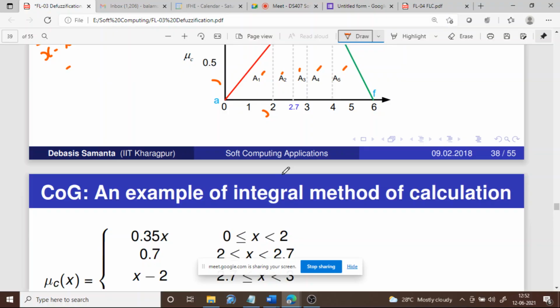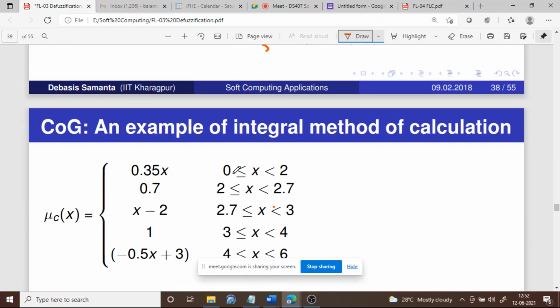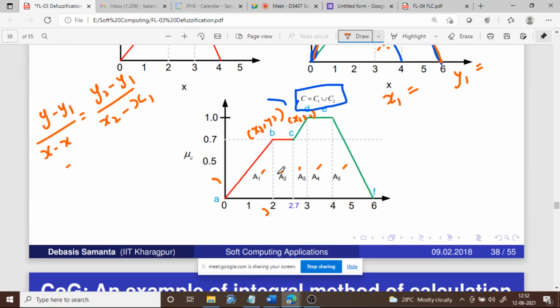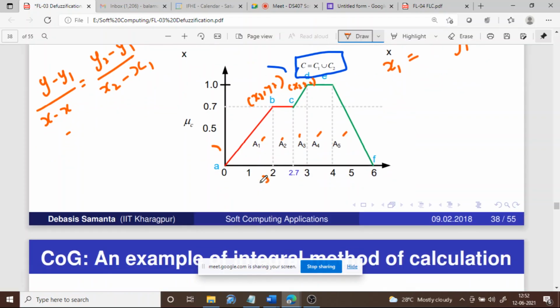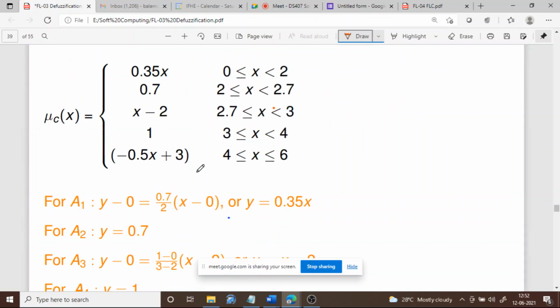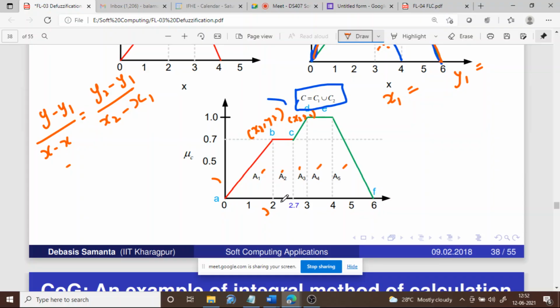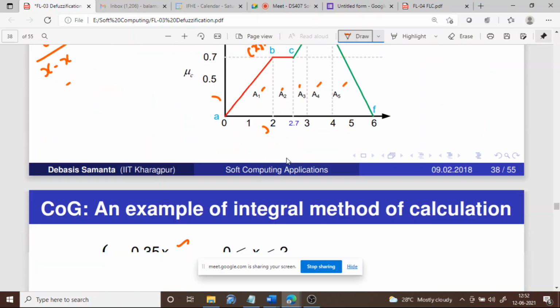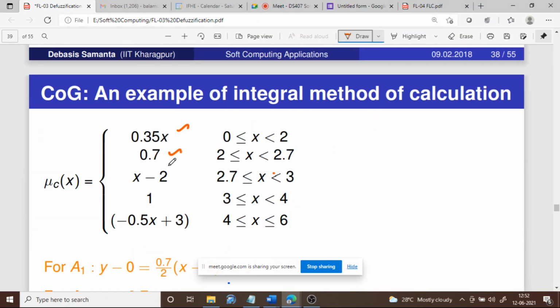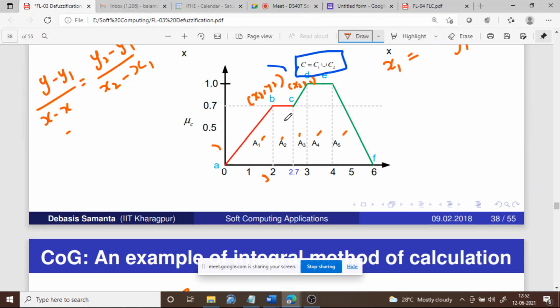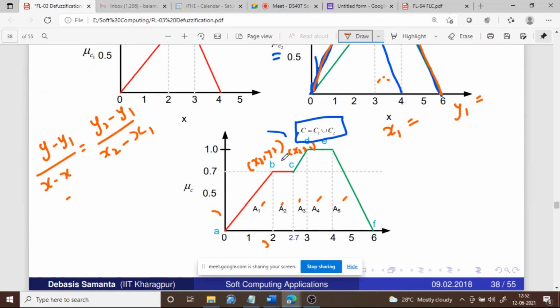So whenever x is between 0 to 2, the y value will be 0.35x, which we calculated previously. And whenever x is between 2 to 2.7, the y value will be 0.7, which we can observe from the graph. So let us not calculate that.